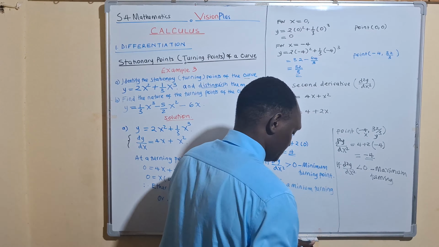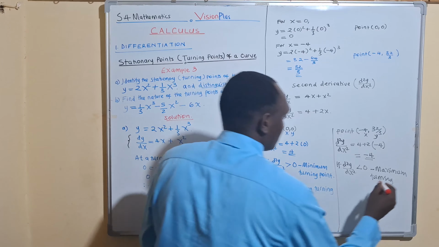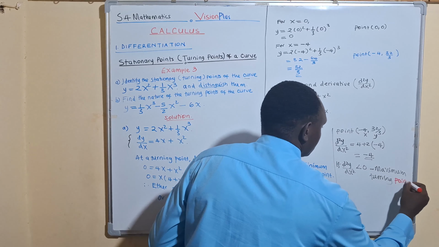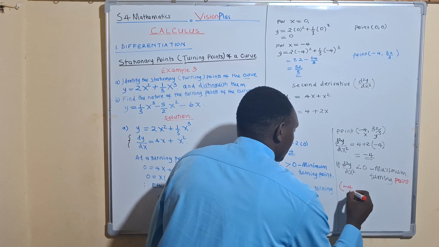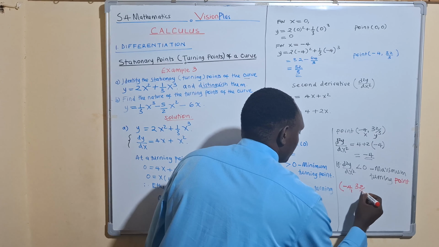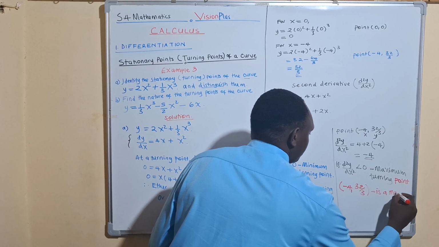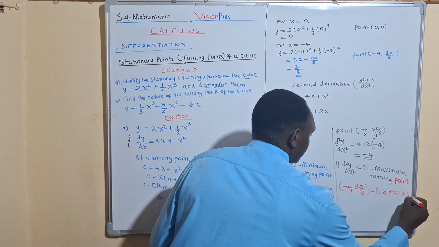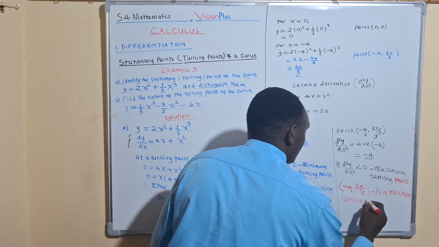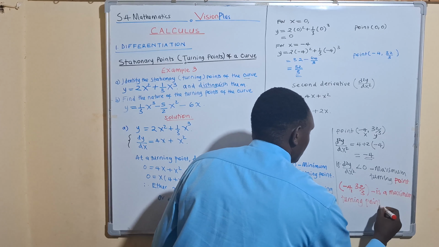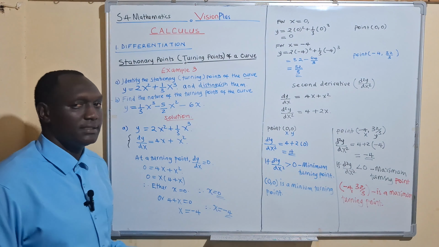That implies that the point (-4, 32/3) is a maximum turning point, or it is a point of maxima. So this is the solution to example 3 part A.